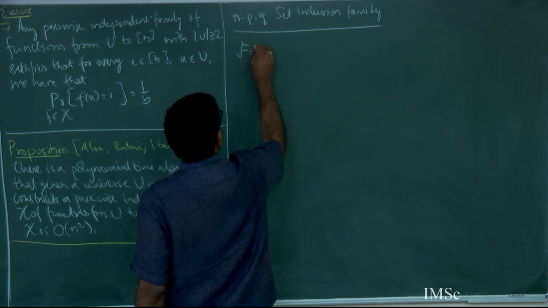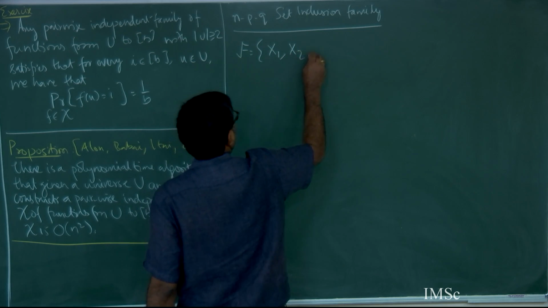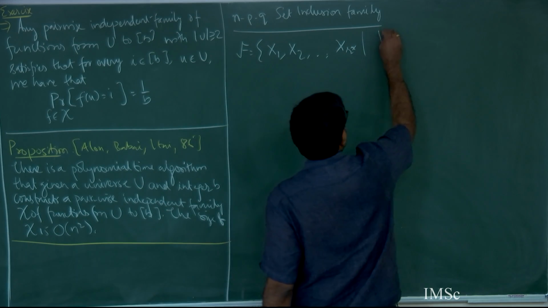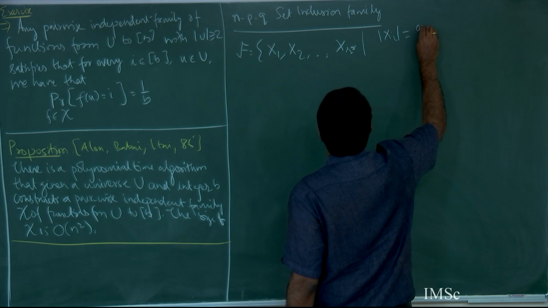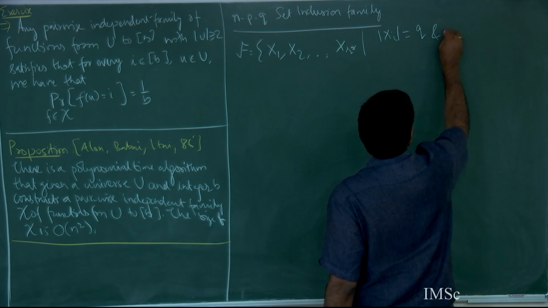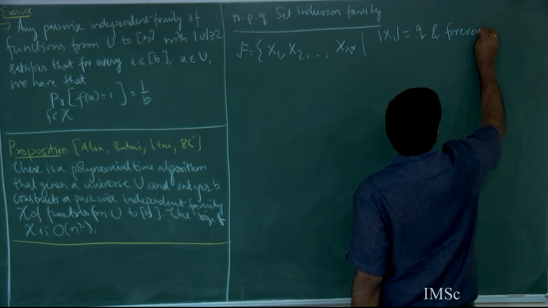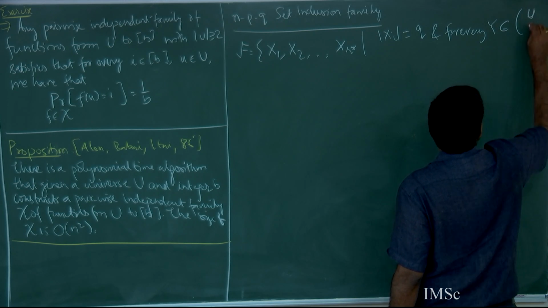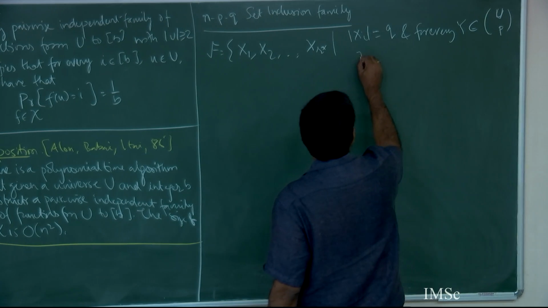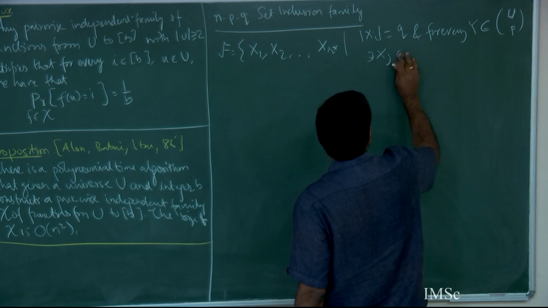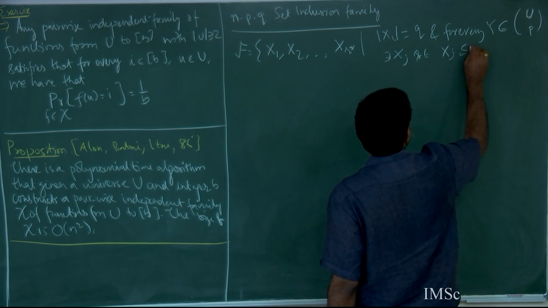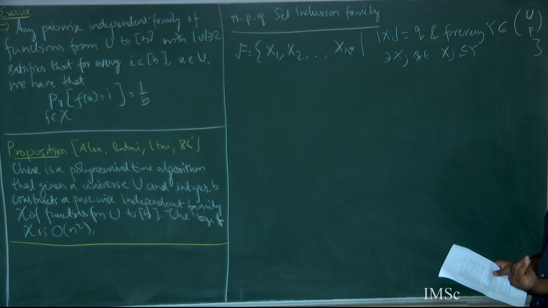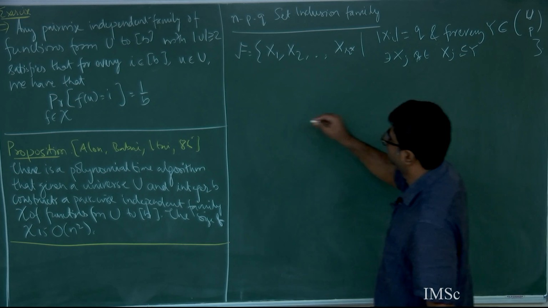It's basically a family F of subsets x1 to x_r of the universe, each of size equal to q, and for every y subset of the universe of size p, there exists some xj such that xj is a subset of y. So we would like to cover all of them, with a family of particular size. This is our objective. This is what we want to construct.